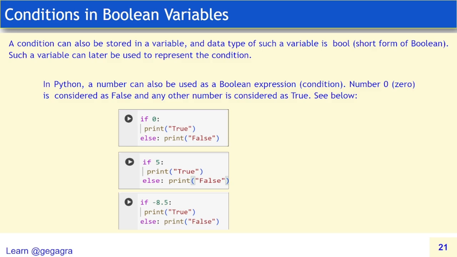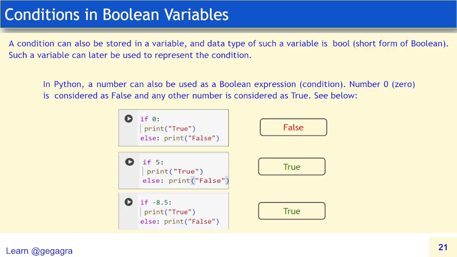So in these three cases, if 0, this condition is false, and if 5, this condition is true. If minus 8.5, this condition is also true. So the outputs of these snippets will be false, true, true. So this is how we can store a Boolean expression or the result of a Boolean expression in a variable, and later we can display or analyze it.